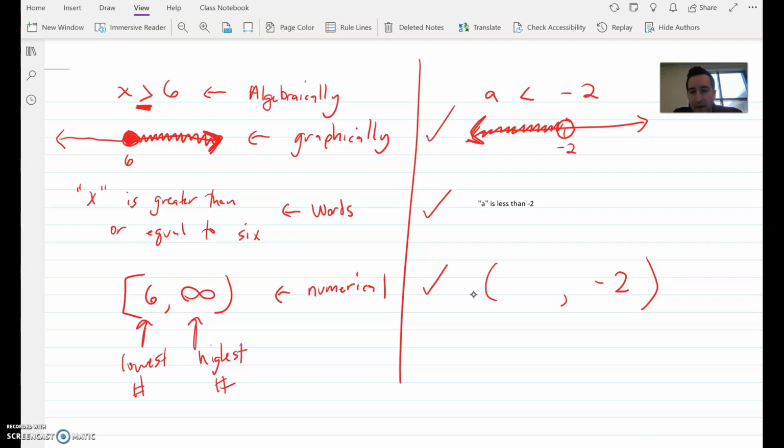Well, how can I do the other way? -2 is the highest number that it can be. Our answers are less than, so we're actually going to go to negative infinity. Okay, that's the numerical.